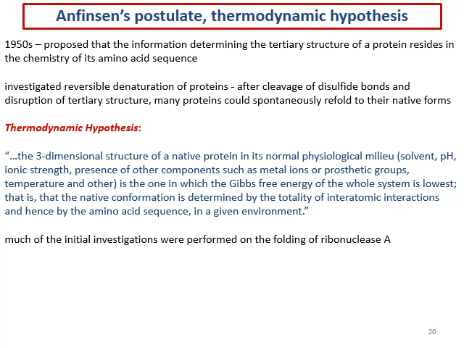Much of the initial investigations that Anfinsen carried out were performed on ribonuclease A, the enzyme we just discussed, that possesses multiple disulfide bonds, and he would study how that ribonuclease folded. In fact, the Nobel Prize in Chemistry went to him for this discovery in 1972.